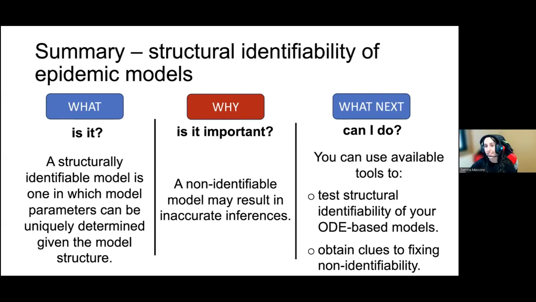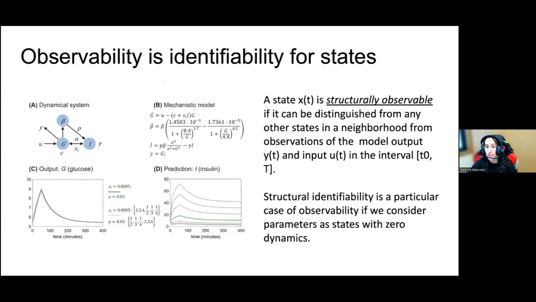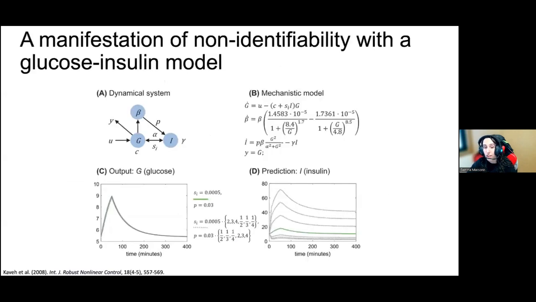No, that's a good point. So when you're trying to estimate parameters that are not structurally identifiable, in a model that is neither observable, each of the different combinations of the parameters correctly fits the data and gives you a loss function, for example, and you take this result in order to predict an outcome and see, okay, maybe if we start the vaccination earlier we can reduce the infected individuals.